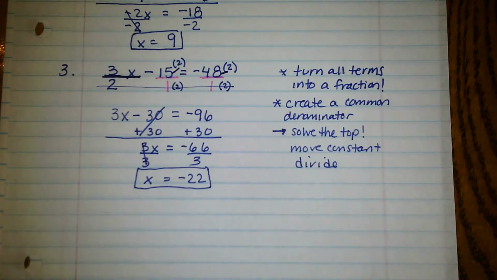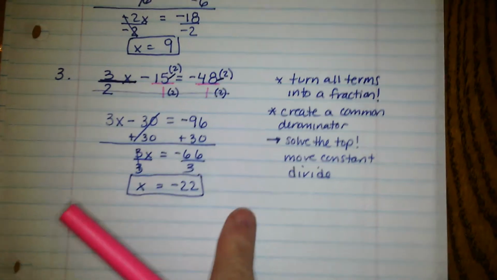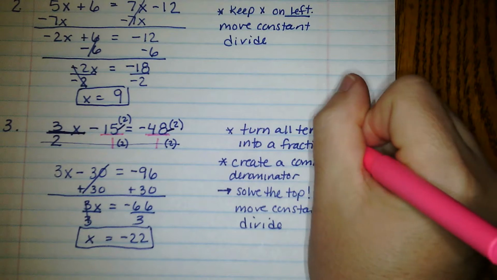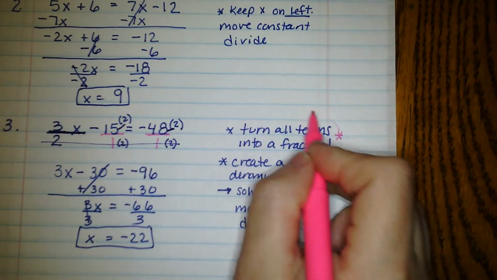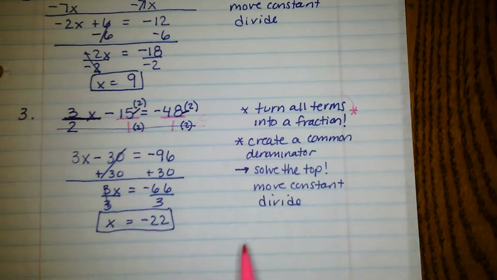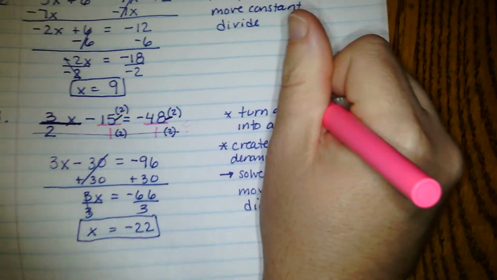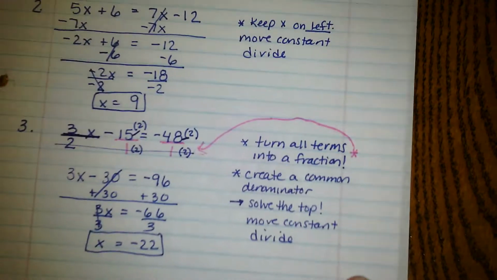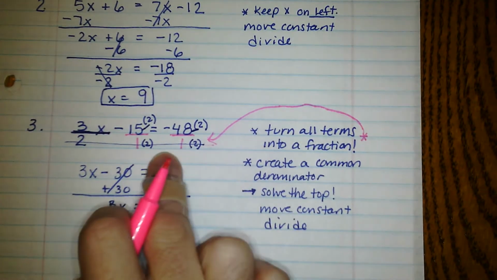So again, the thing that people get tripped up on as far as fractions go is turning all terms into a fraction. That's what we did with pink. We did that here by, oh, that's not very bright. Hold on a minute. Let's make that real light. There we go. We did that by putting ones underneath.